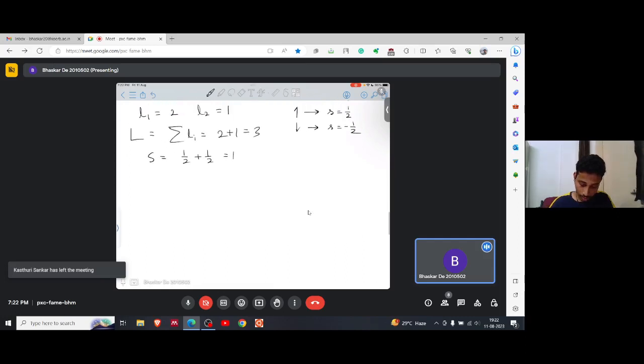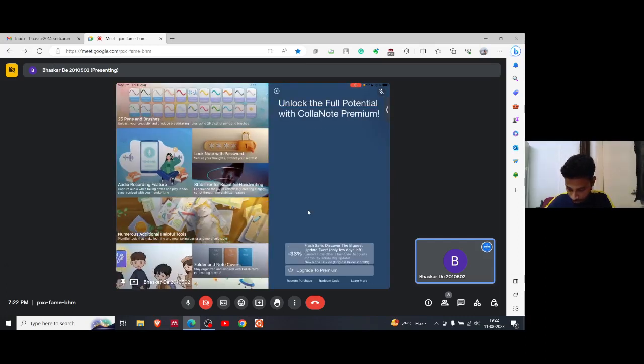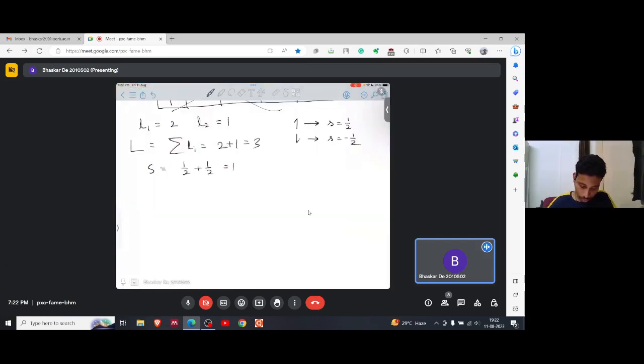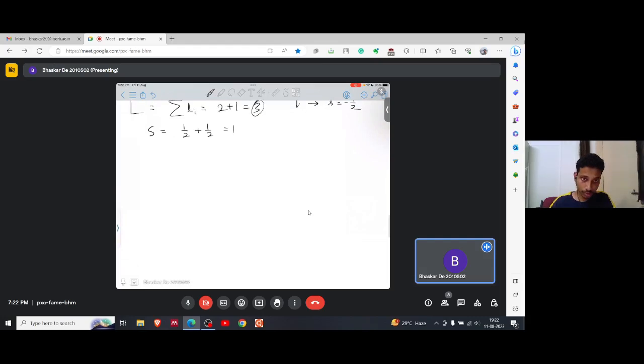These three things we need to calculate. We already got the value of L here. Now we will need the value of S. Okay, so the value of S is 1, so 2S plus 1 will be 2 multiplied by 1 plus 1, that is going to be 3.